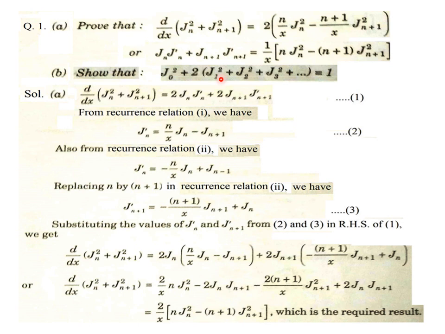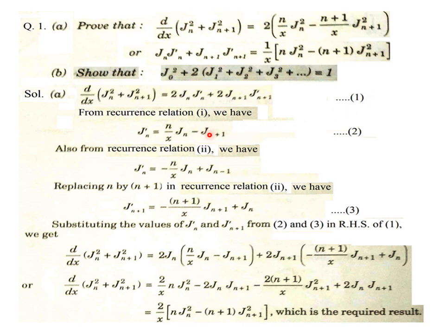Solution of part A. We start with the left hand side, d by dx of Jn square plus Jn plus 1 square. As I told, it is simply differentiated, named as equation 1. Now, as we have seen in two of the previous lectures, or maybe more than that, whenever we talk about theory or practical problems of Bessel's function, recurrence relations play an important role.